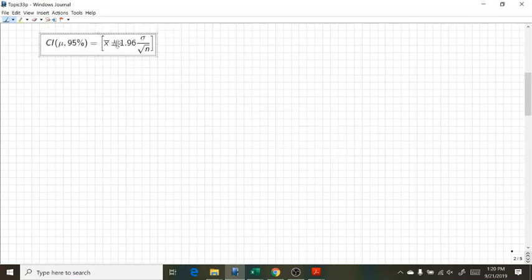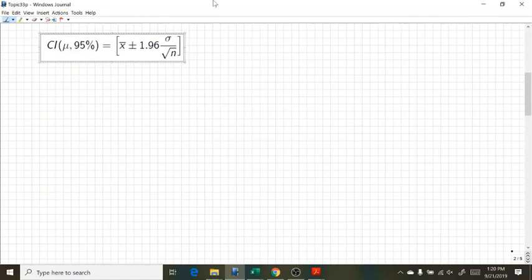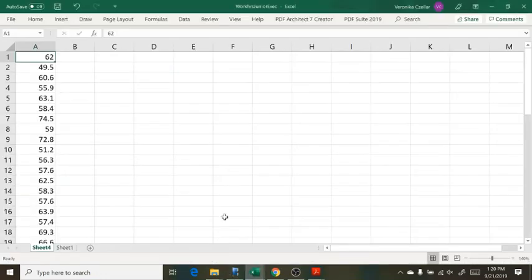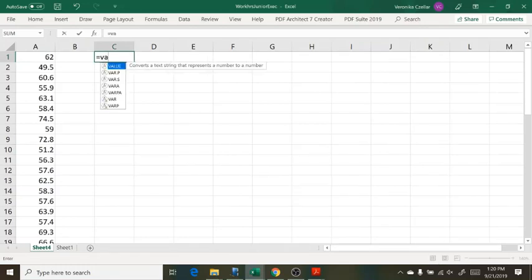For our example, I need X bar, right? I first of all need X bar. And X bar, I still use Excel as a calculator. Well, X bar, the sample mean, is AVERAGE in Excel.